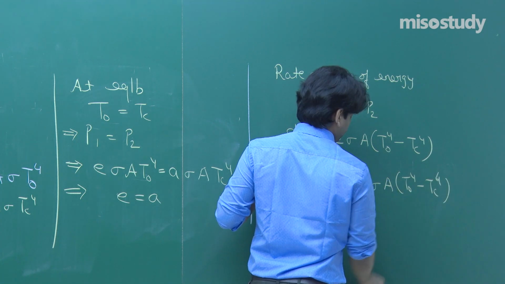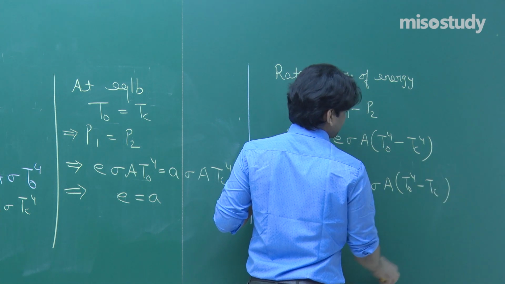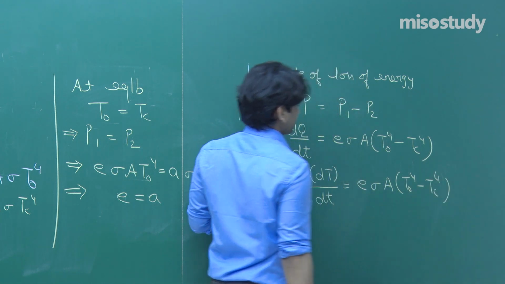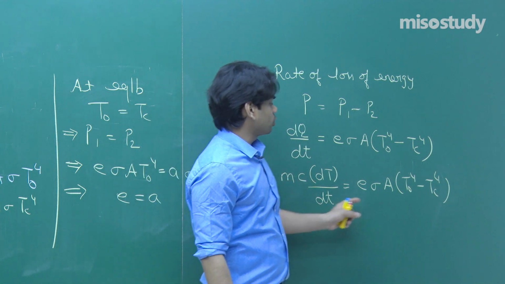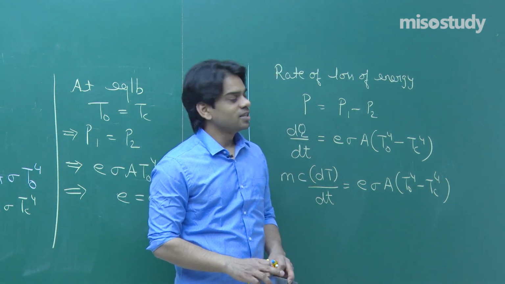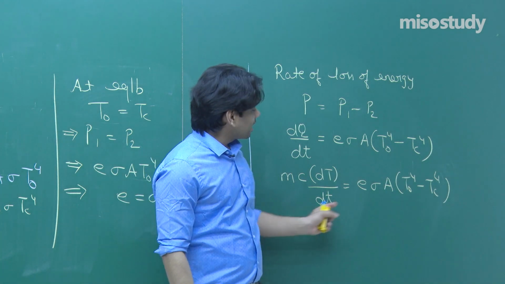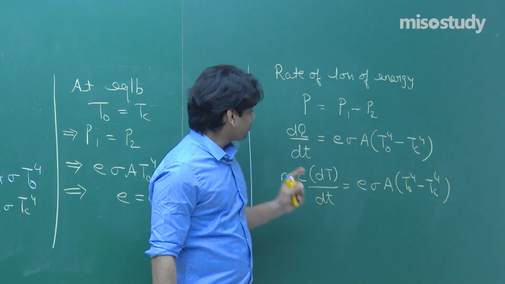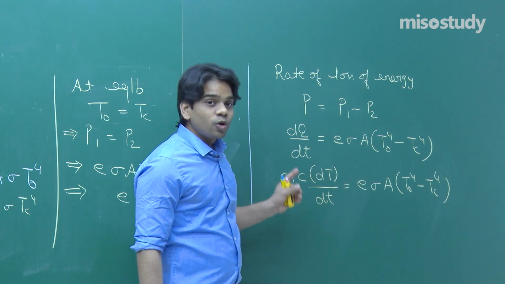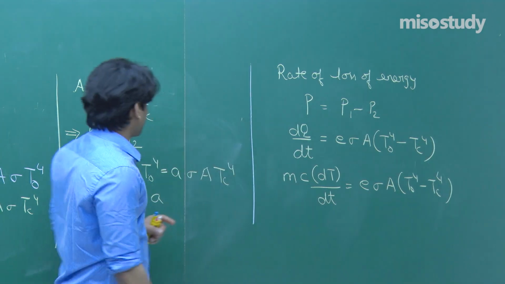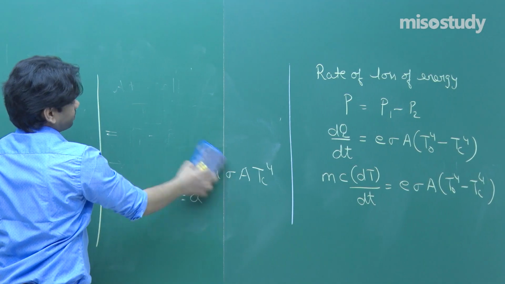This is what we have obtained here. So with this rate it is getting cooled down, and we have written dQ in terms of this. So the rate of change of temperature, if you see, let me rub this part.